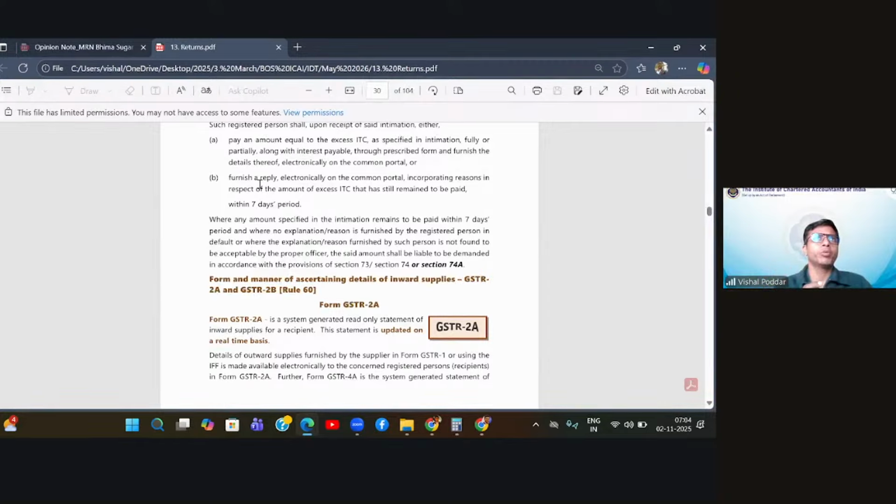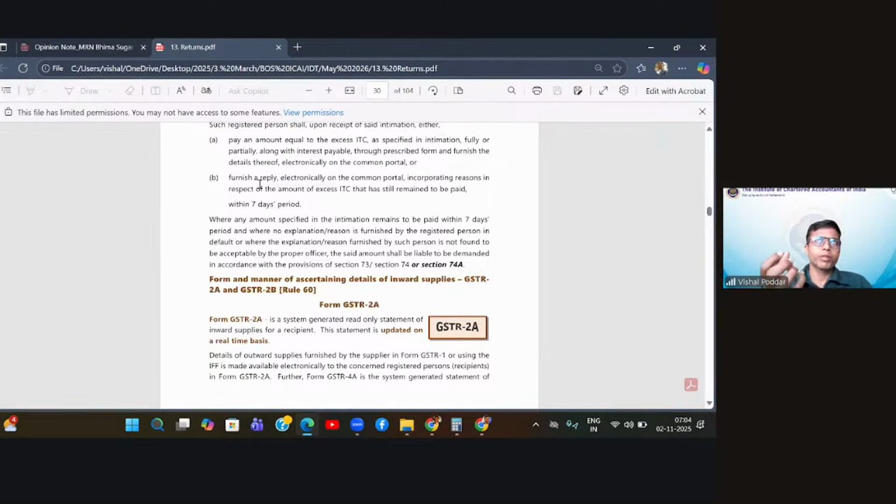Second difference between 2A and 2B is now we have a new functionality which has become operational and compulsory. Operational it had become last year only, but compulsory it became just from this October 25, which is the IMS, Invoice Management System. Now, what is this IMS?